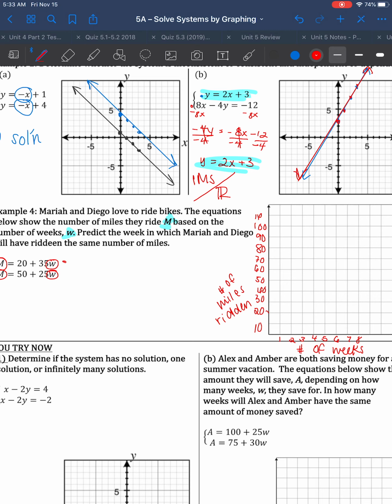So first line, we start at 20, and then I'm going up 35 for each week. So from 20 to go up 35, that would be at 55. So I'm going to be in between 50 and 60. Then going up 35 from there, that would be at 100. Okay.